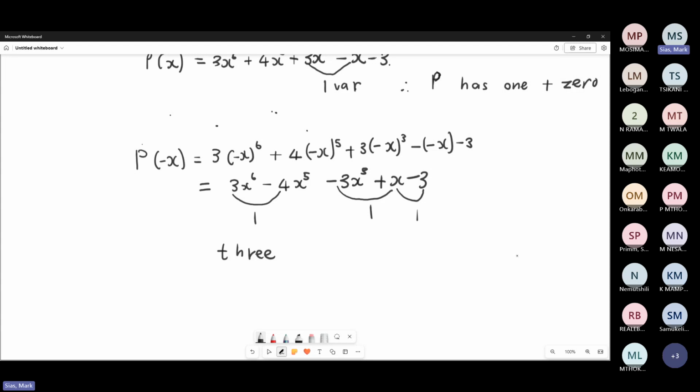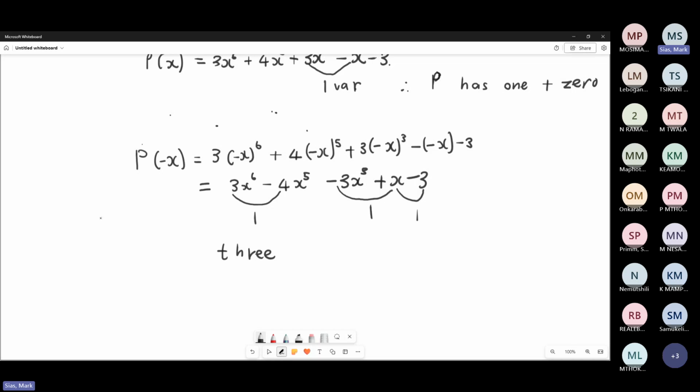Okay, guys, there's that. So when we dealt with P of minus x, we found 3 variations. 1 plus 1 plus 1 is 3. And then Descartes' rule says it's either that or an even number less, which is 2, and 3 minus 2 is 1.